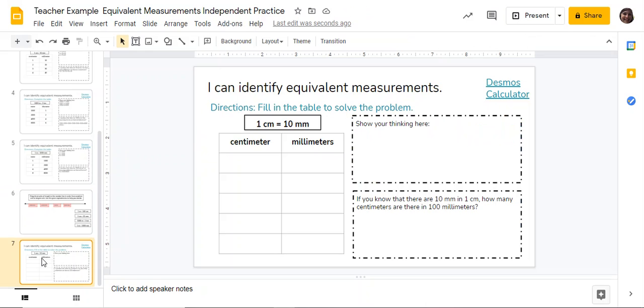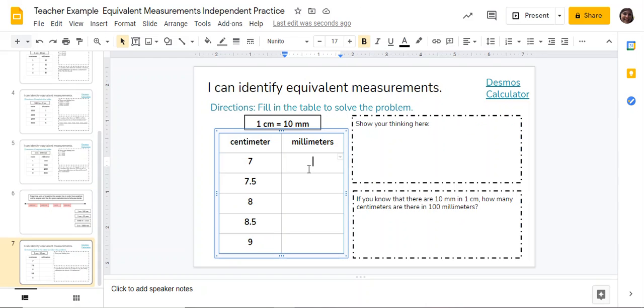And our last slide just asks you to fill the table, to solve some problems. So in your example, you have this, right? 7 centimeters. So we know that 1 centimeter is equal to 10. So if I have 7 of them, that would be equal to 70. Now here, I added a decimal just to make this a little bit different.